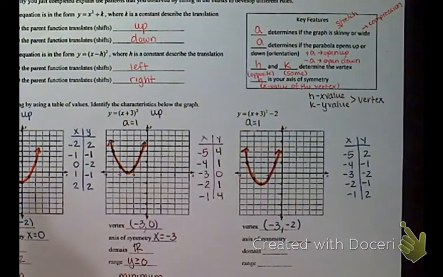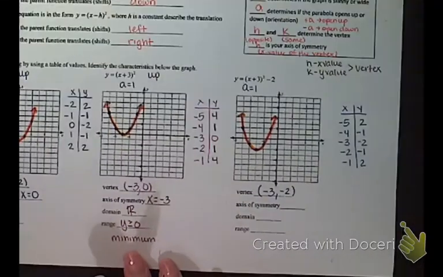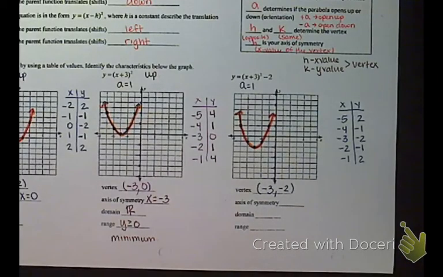Okay. So my graph faces up, it looks normal, it's not skinny or wider, so that's good. I probably did those points correctly. So those are things that I want you to ask yourself as you go through these.